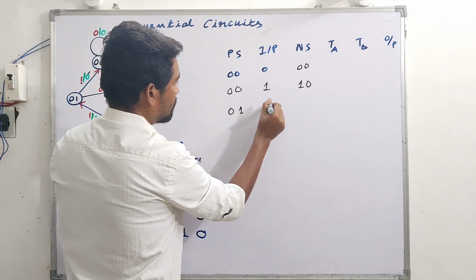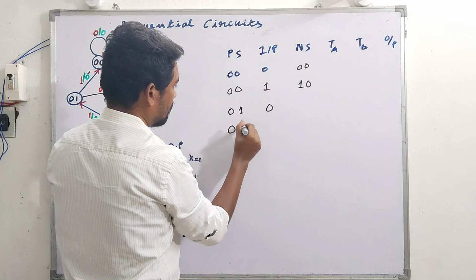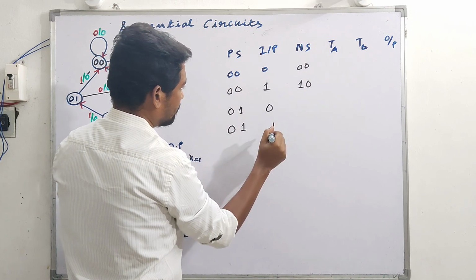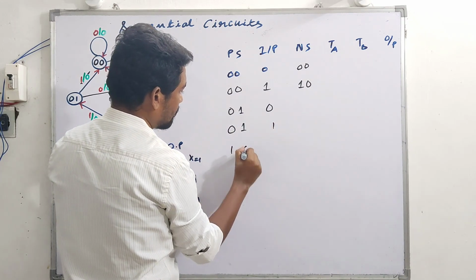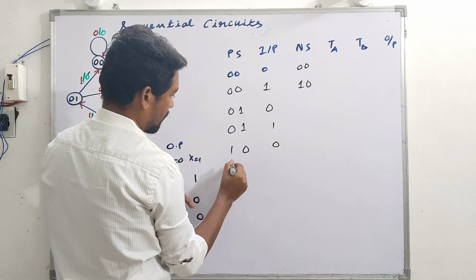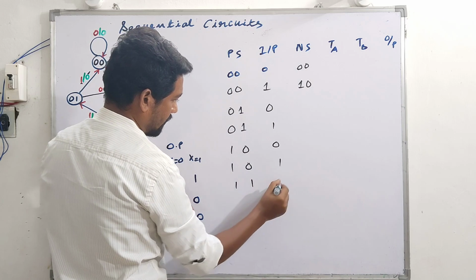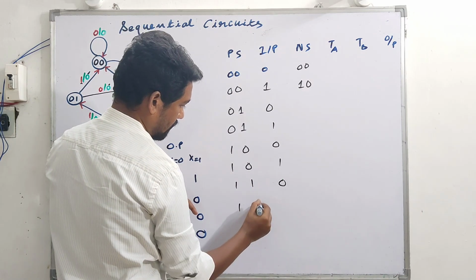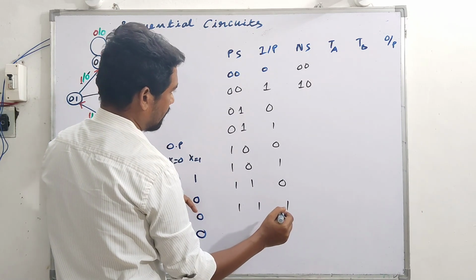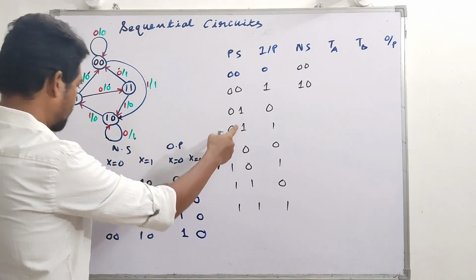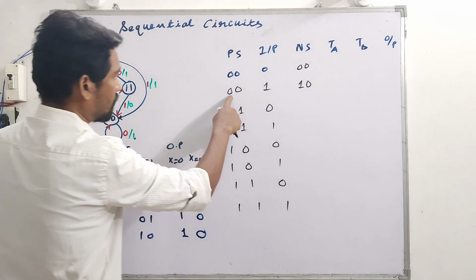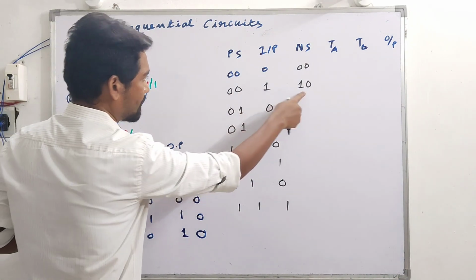Alright, so getting back to the state table, for 0 0 with input 0, the next state is 1 0.